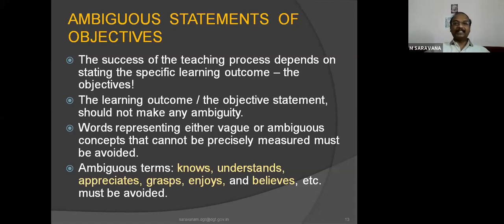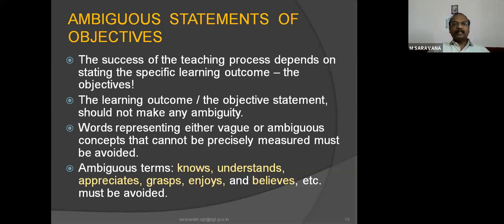The success of the class, the theory class or practical demonstration, will depend on the statements we mention in achievable terms. So the learning outcome or objective statement should not make any ambiguity. It should not have any confusion.